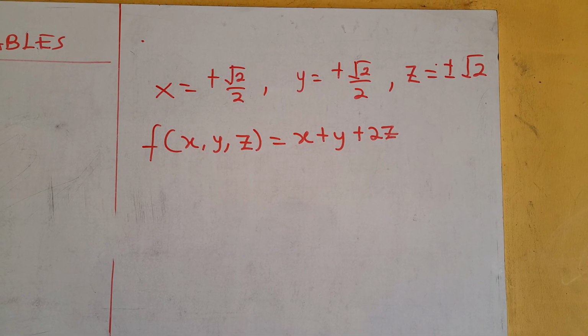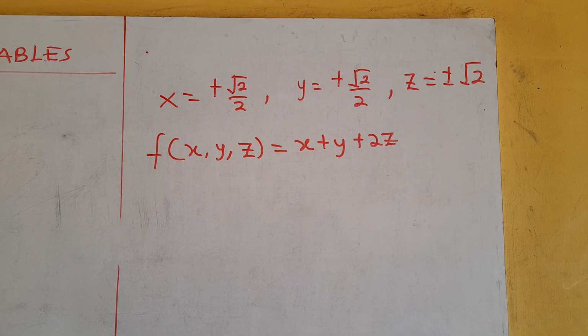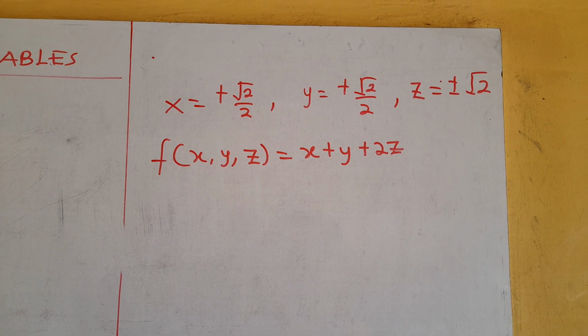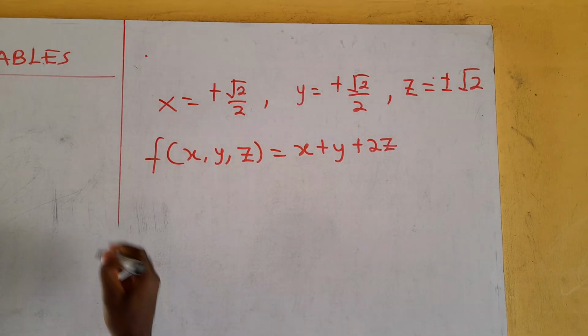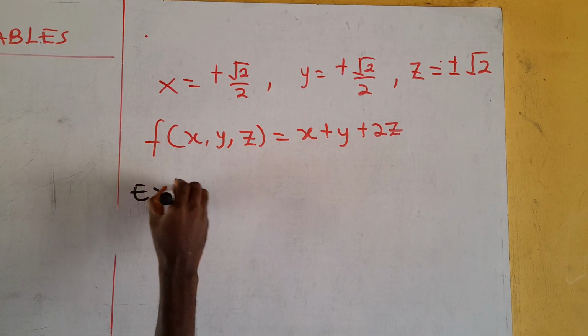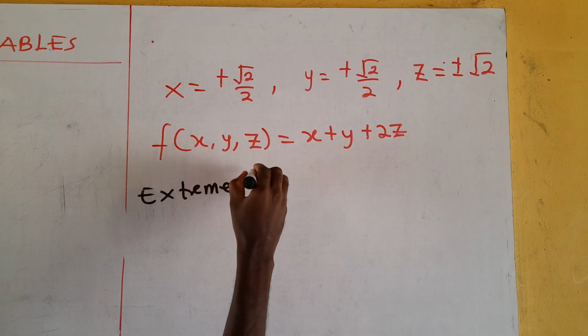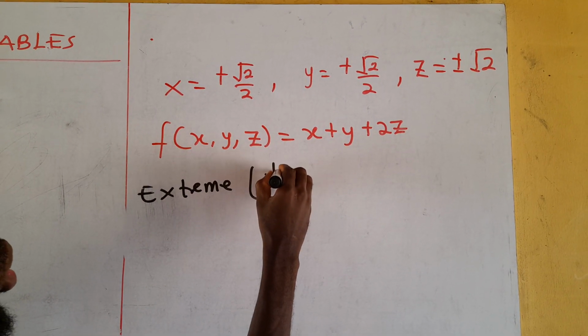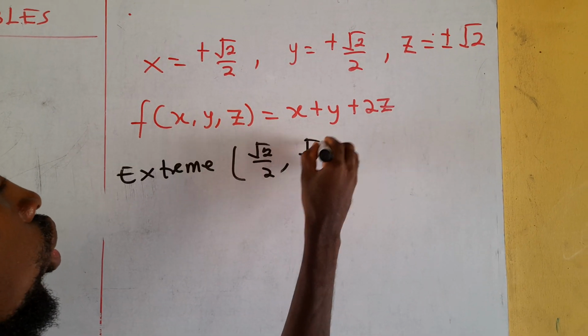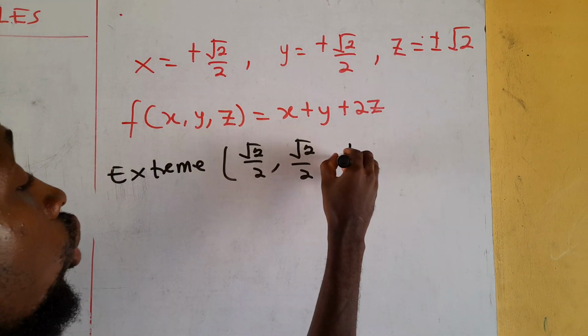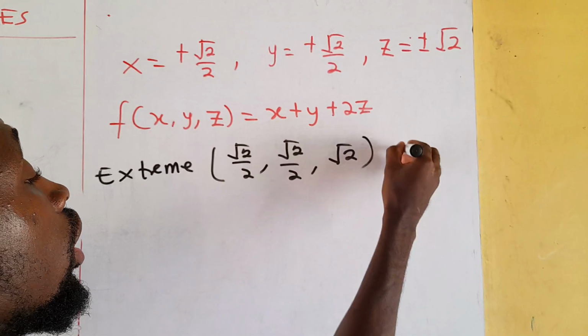So now we substitute the value of x, y, and z into our function to get a maximum and a minimum. Remember, the extremes will be root 2 over 2 for the x, root 2 over 2 for the y, and root 2 for the z.